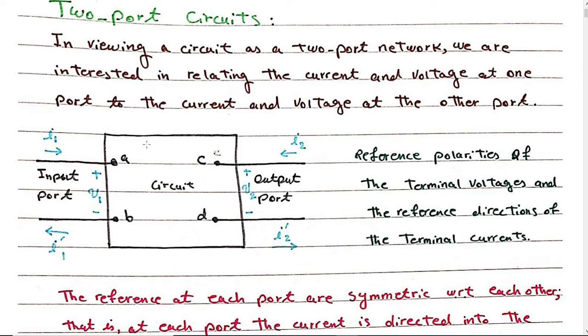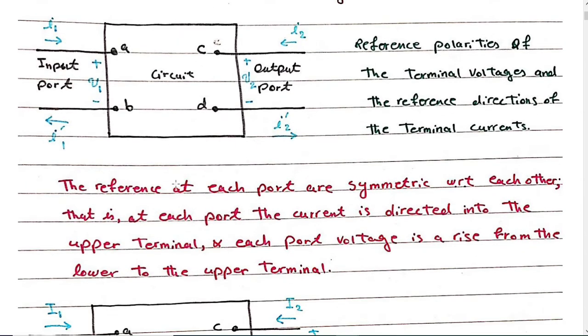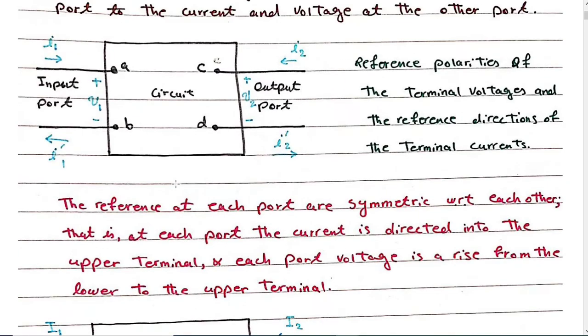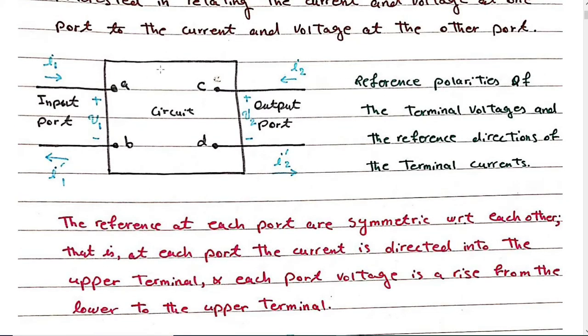Sometimes we have a network, and we are interested in relating the current and voltage at one port to the current and voltage at the other port. So that's why we use two-port circuits. Clear? So this is the network in the time domain.